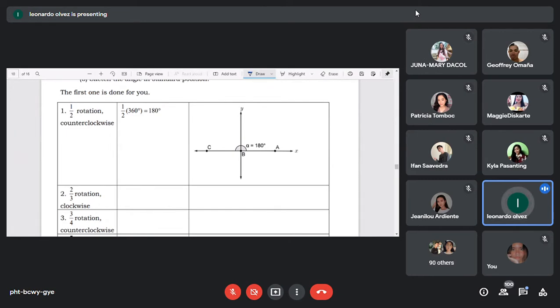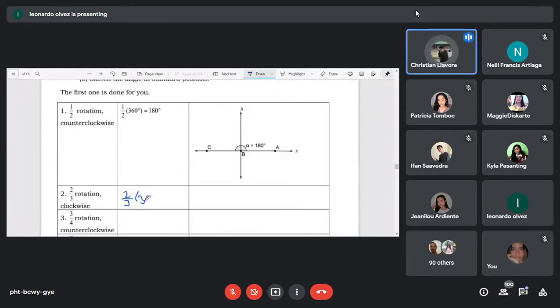That is again two-third times 360 degrees, and that is equal to 240.